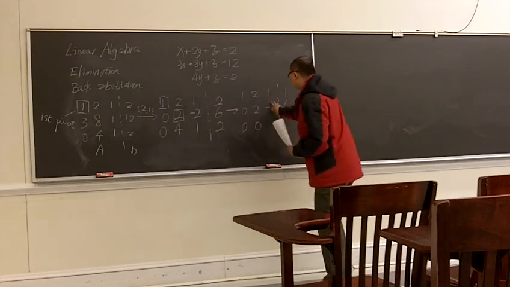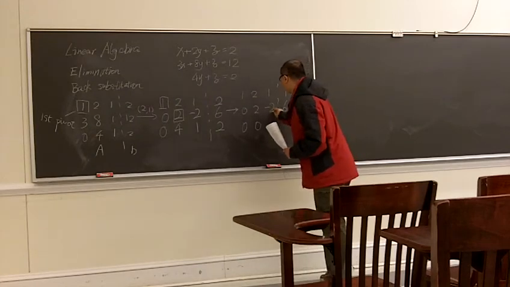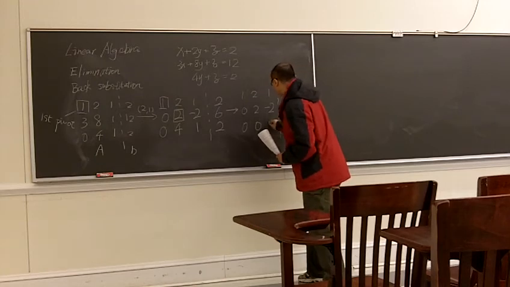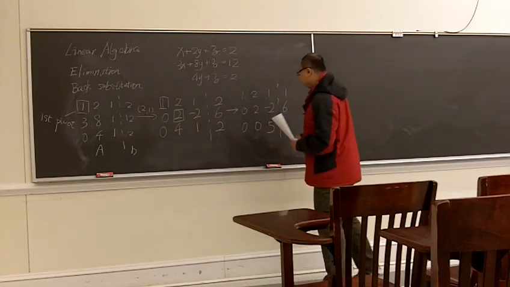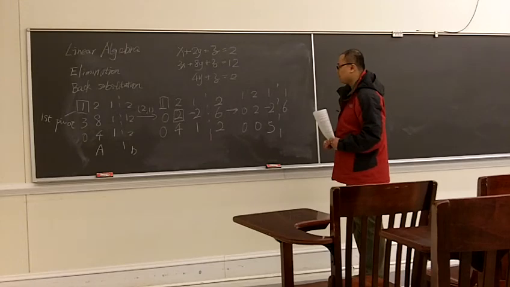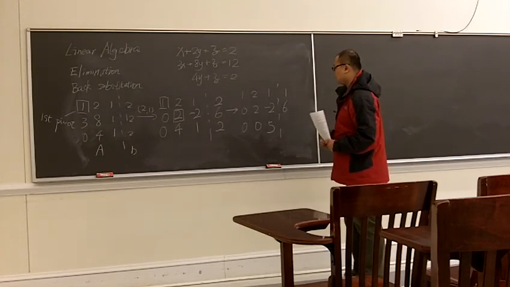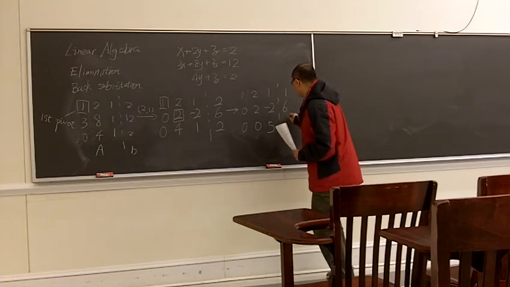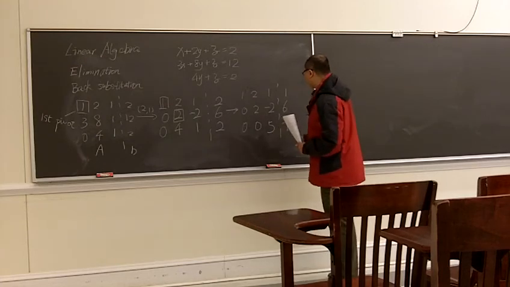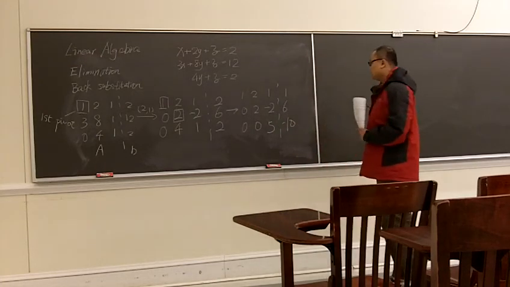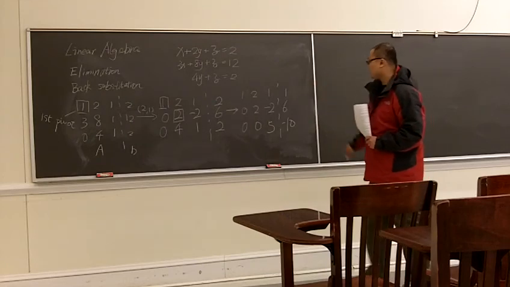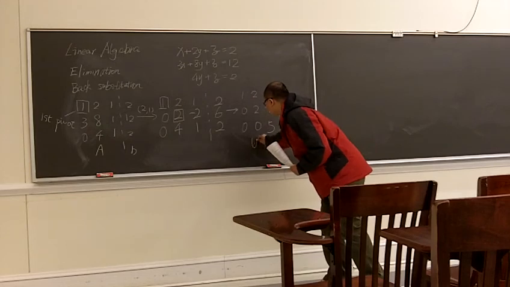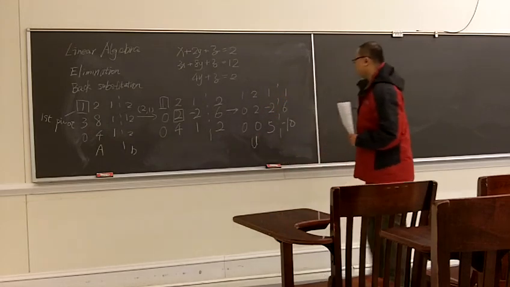So it should be 5, right? The 6 should be minus 10. After elimination we got an upper triangular matrix. We call it U.